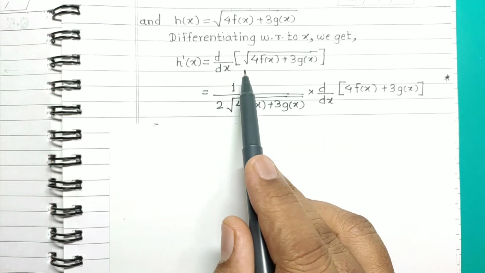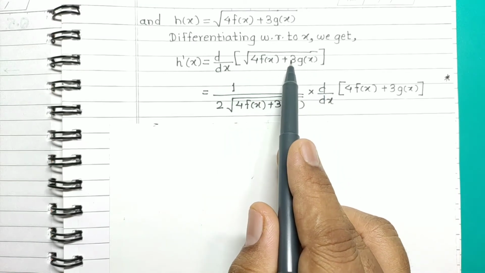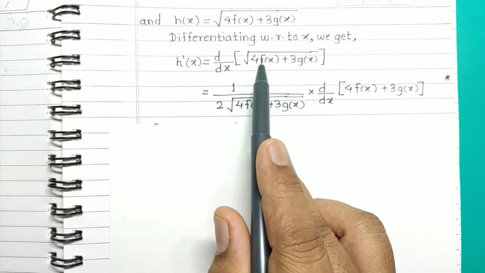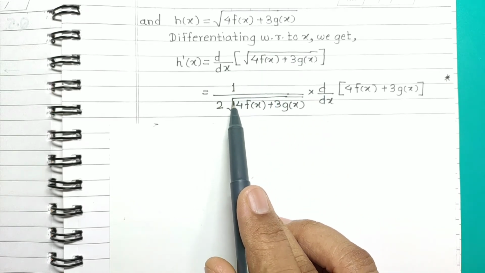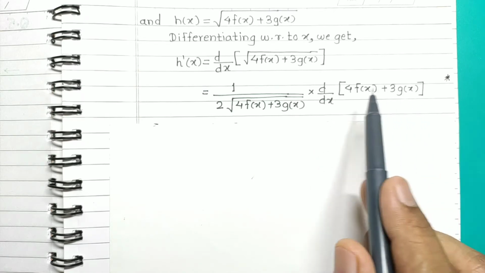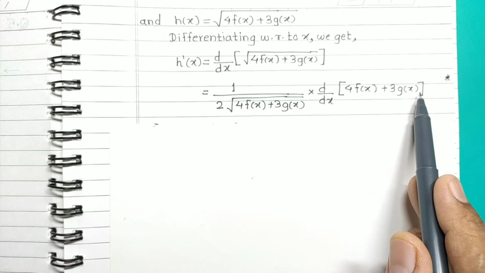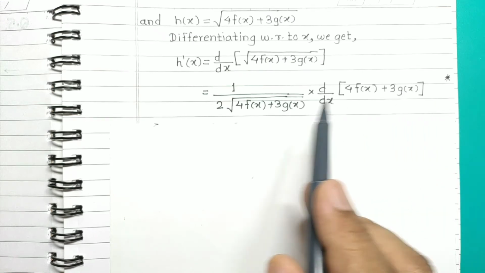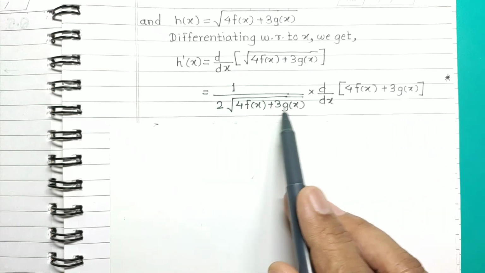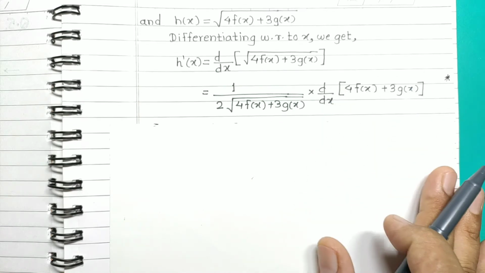See again, we have treated this function as square root of something. So its derivative is 1 upon 2 root of something into the derivative of something, which is 4 into f of x plus 3 into g of x. Okay. So you keep this first term as it is and evaluate this derivative in the next step.